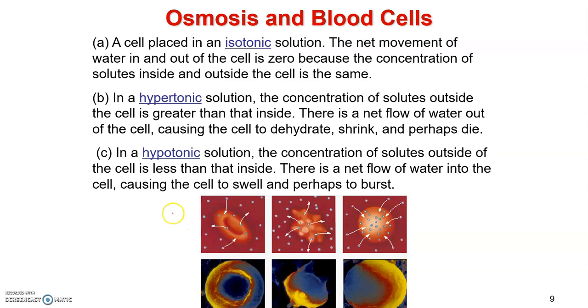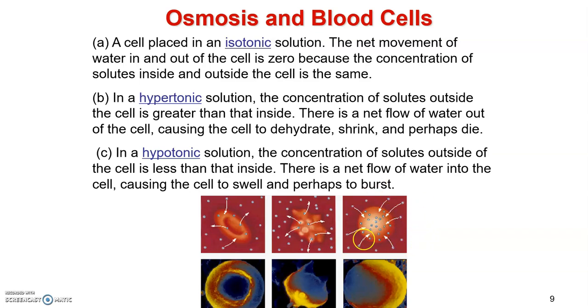While in a hypertonic solution, the concentration of solute outside the cell is greater than inside. So there is a net flow of water out. Water will leave the cell, causing the cell to dehydrate, shrink, and die later. And in a hypotonic solution, the concentration of solute outside the cell is less than inside.